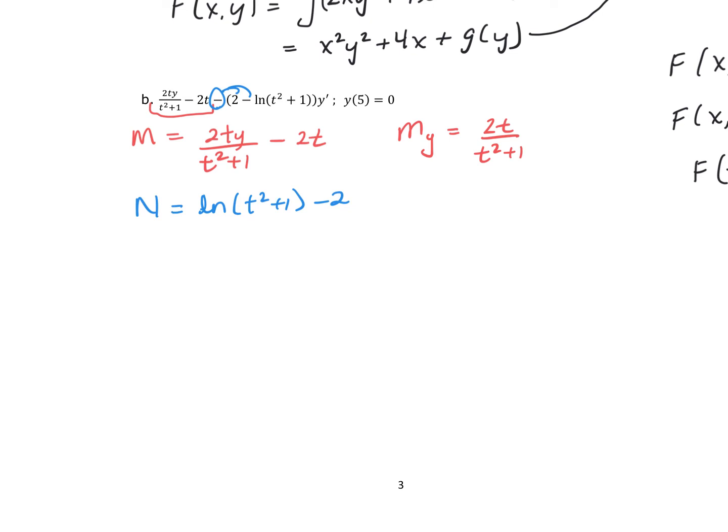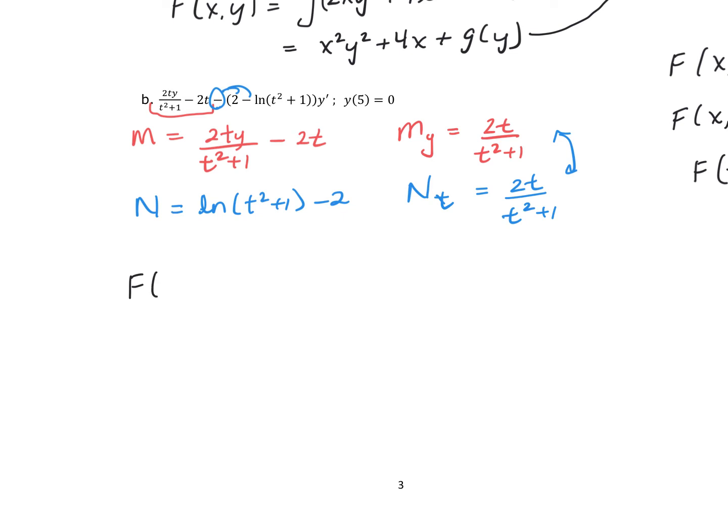That means my partial derivative of n with respect to t, not x, with respect to t, is going to be equal to 2t over t squared plus 1. These are equal, so we know that they're exact.